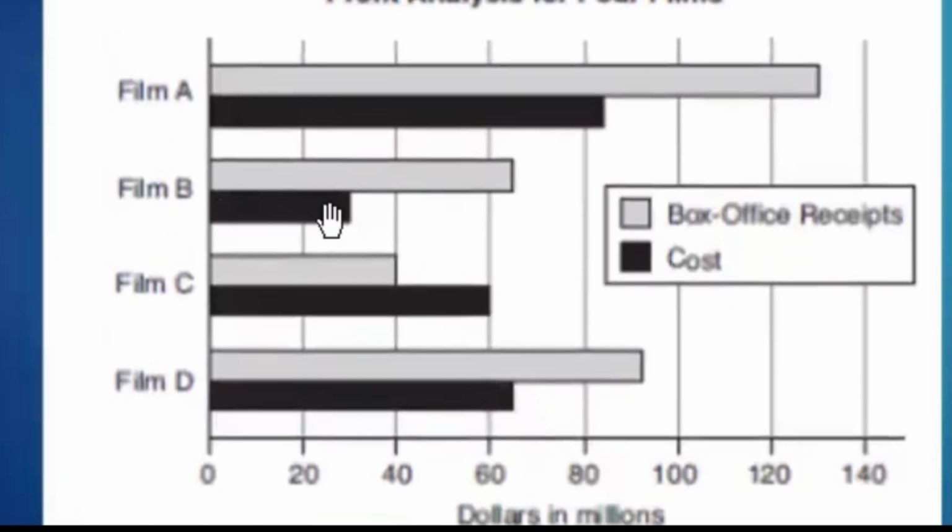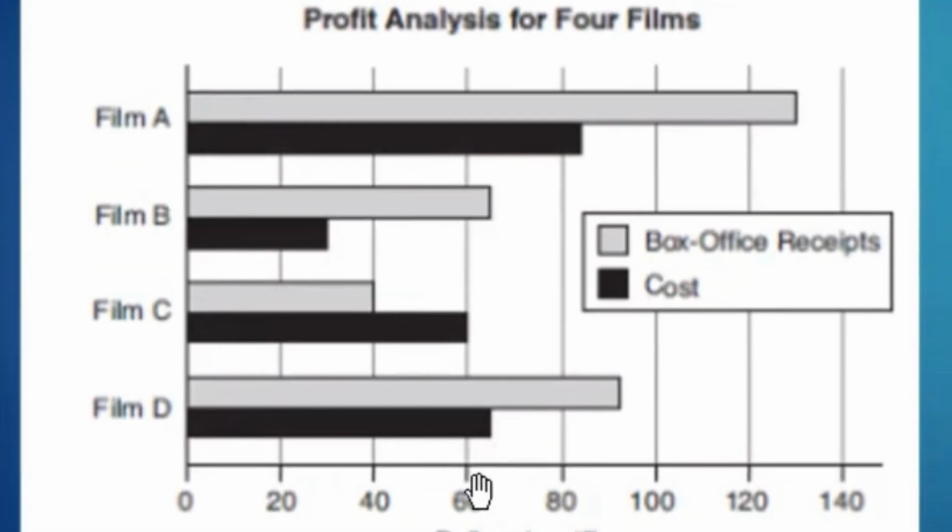This is film B, okay? We could start with the box office receipts. We're in between 60 and 80, and this bar ends right here. So let's say that's around 65 million, okay?